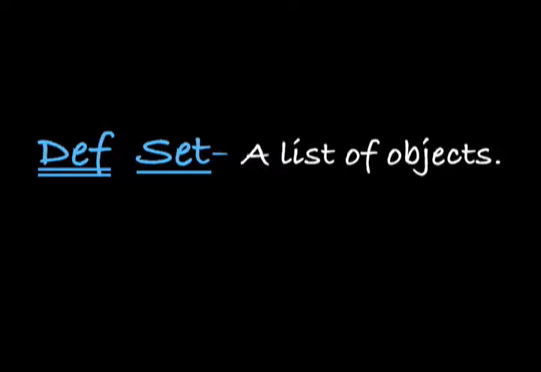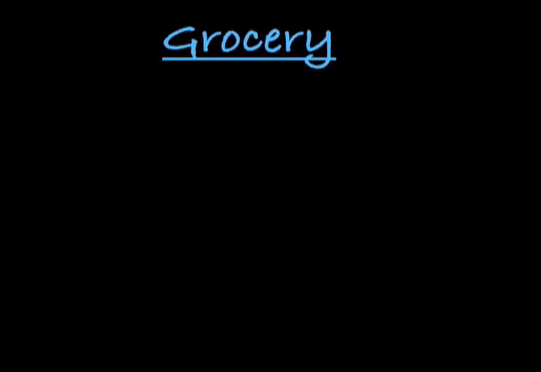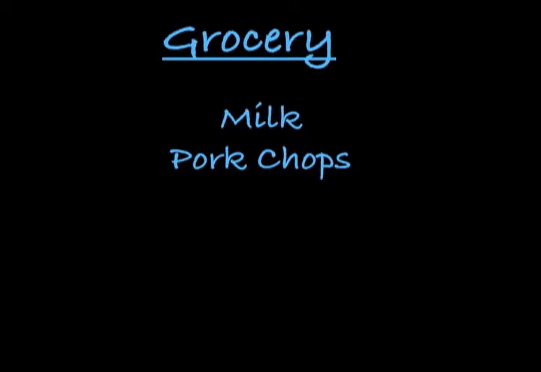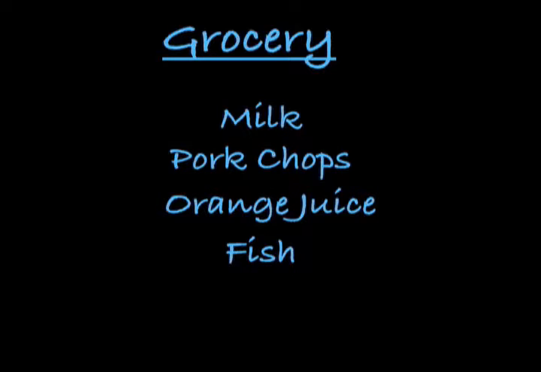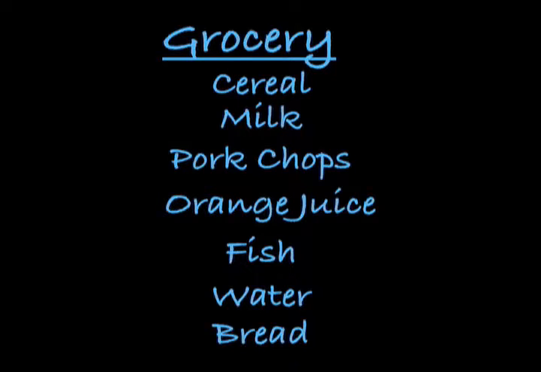A set is just a list of objects or things. Most of us have constructed a grocery list before. We may include milk, pork chops, orange juice, fish, water, bread, or cereal.